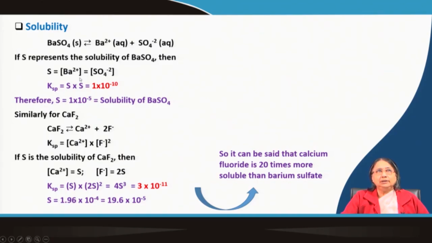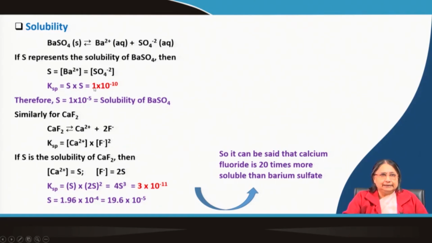Now, if the solubility of barium sulphate is S, then the concentration of Ba2+ will also be S and the concentration of SO4 2- is also S. So, from the equilibrium expression we can write that Ksp is S into S, the value of which you can obtain from textbooks. Now, what is S? S is the solubility. So, S is nothing but 1 into 10 to the minus 5. This is the solubility of barium sulphate.